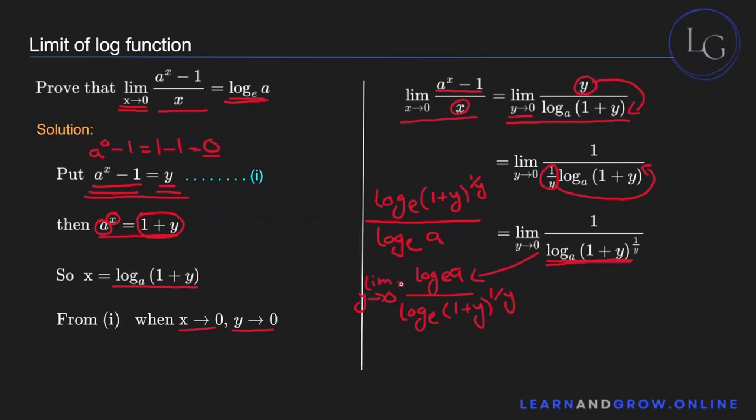Now you'll apply the limit. Oh, it should be over here. Now you apply the limit on both the numerator and the denominator separately, because that's a theorem we've discussed.